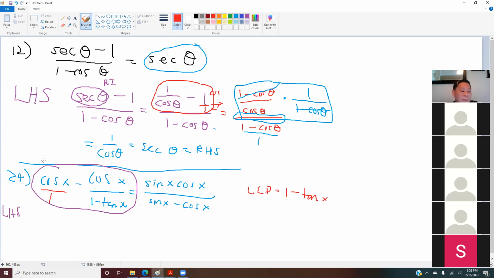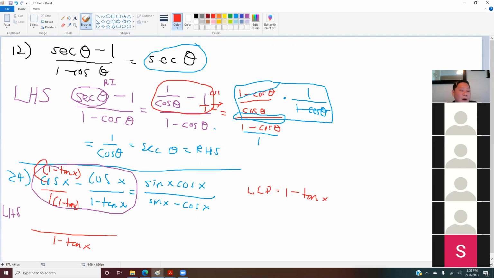So this has to be multiplied by 1 minus tangent x. So what happens when you distribute this?